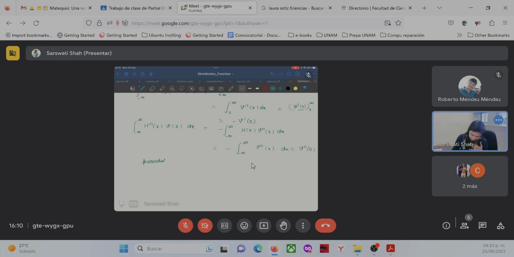Provided v is sufficiently smooth, it means the derivative which is passing to the second function, that function should have that order of differentiability. So if there is a third derivative, we should be third order differentiable, smooth and have compact support. And simply we take that this v belongs to C naught infinity over R.